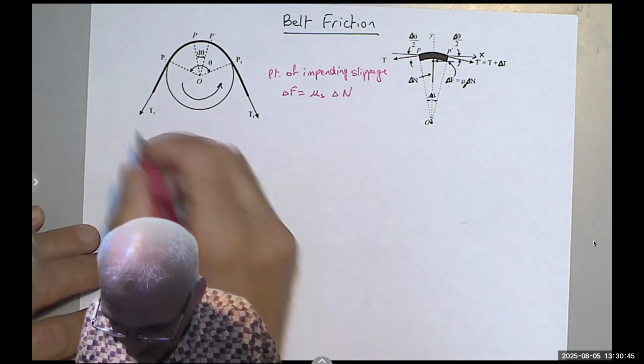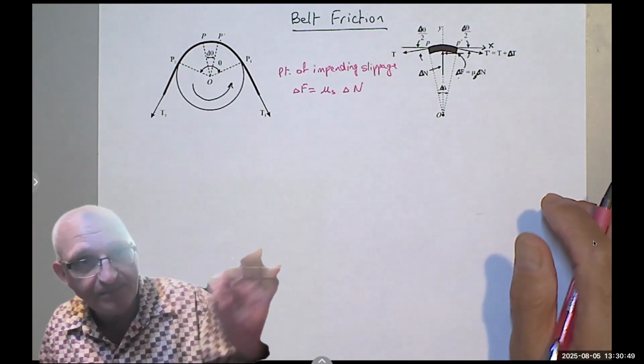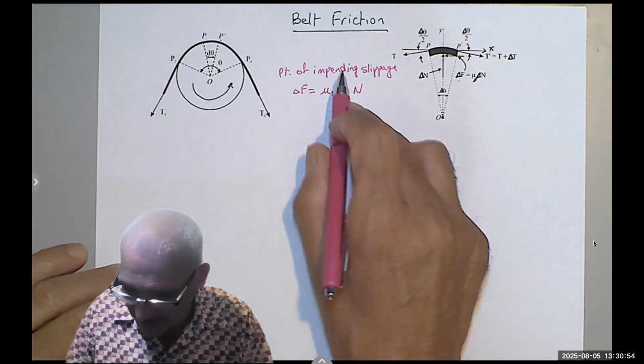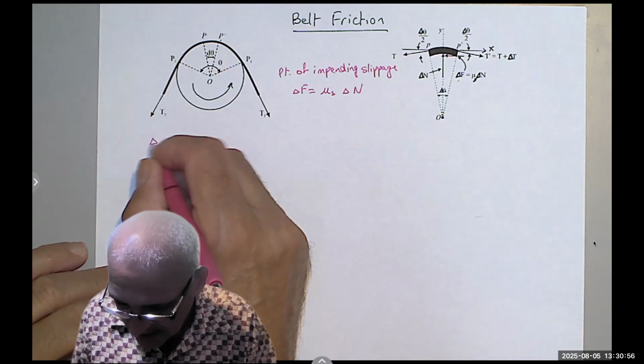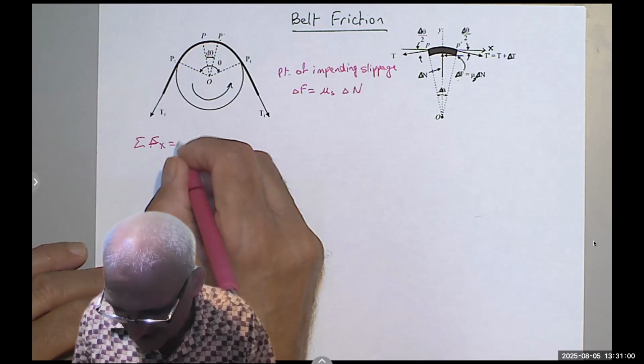Then we have two more equations of equilibrium. As you know, in friction at the point of impending motion or impending slippage, now we have three equations of equilibrium. This is one, and then summation of the forces in the x direction equals 0.